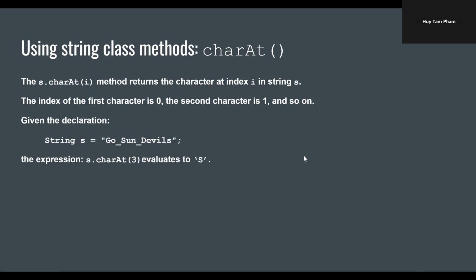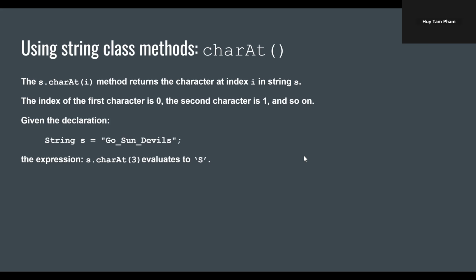The charAt(i) method returns the character at index i within string s. In our example, the declaration is string s equals "ghosts and devils", with the underscore as the spaces.